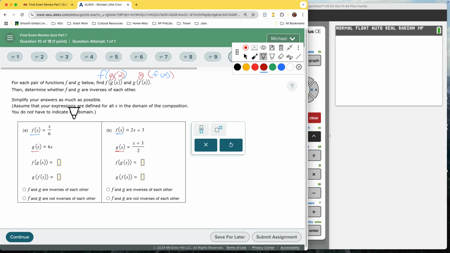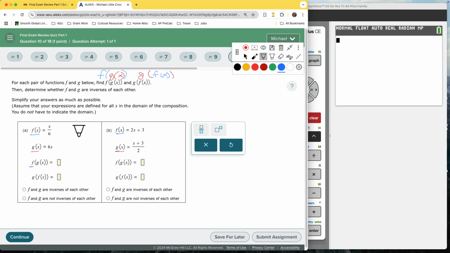So for part A, we've got to do it for both. First, f of g of x. For this first one, f is on the outside. Start with the blue. It's on the outside, so that's the receiving function. We get the receiving function ready to have guests. So this is x over 6.